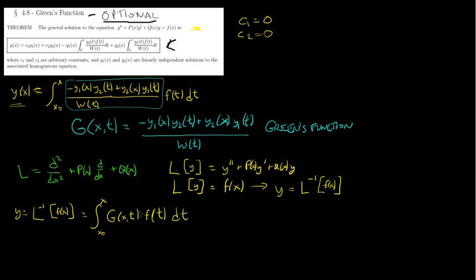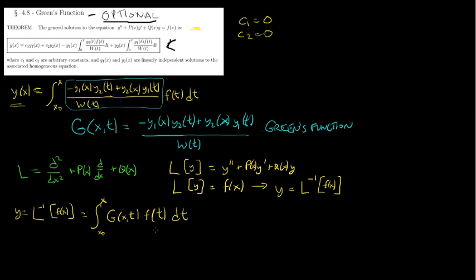And when you evaluate this integral, it's going to be a function of x. So this will be y of x. So that's the power of these Green's functions. It allows you to write the solution to this differential equation in this very compact form.